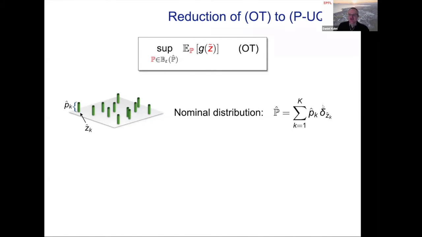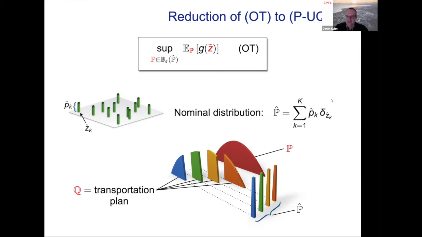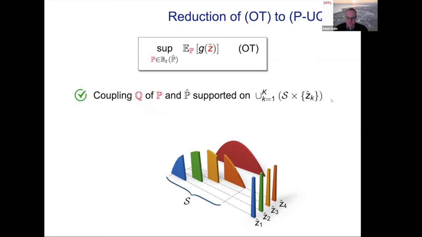So in many applications, it's natural to set the nominal distribution at the center of the ambiguity set to a discrete distribution. For example, it is often natural to identify P hat with the empirical distribution corresponding to a given set of training samples, some data that you may have about the uncertain parameters. Now, if the nominal distribution is discrete, then any transportation plan Q that morphs P hat into some distribution P can be decomposed into K different pieces, one for each atom of the nominal distribution.